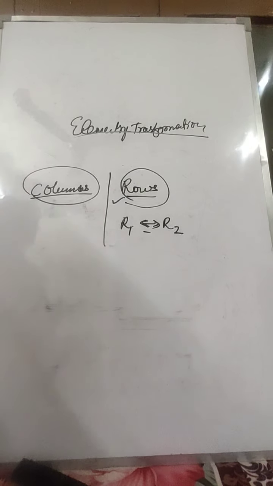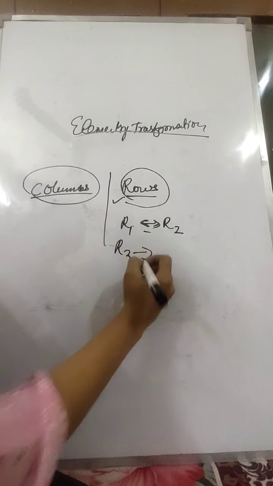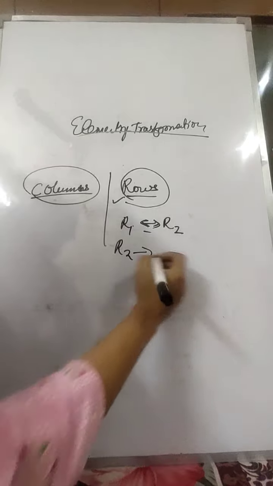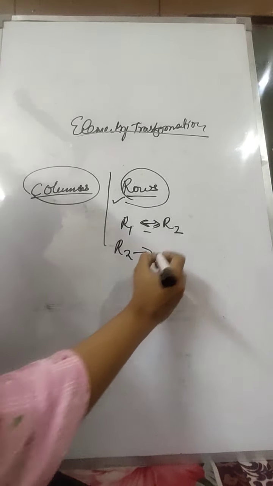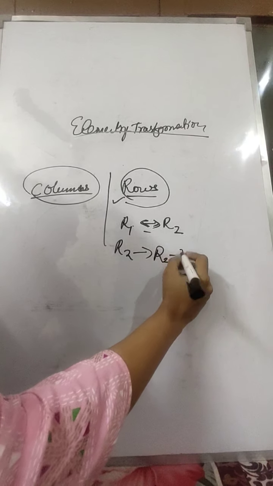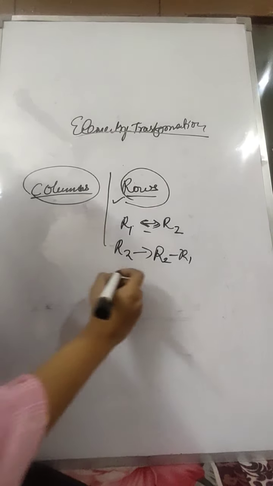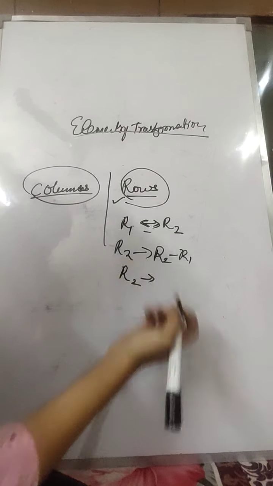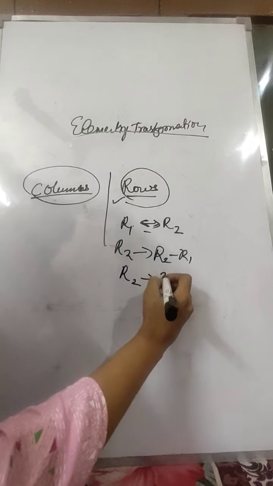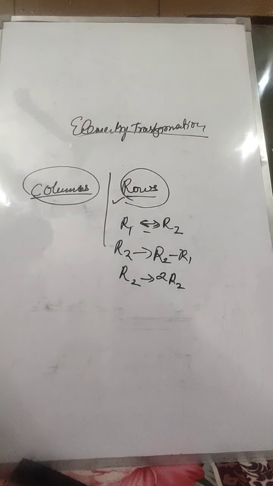Second rule: you can change row 2, for example, by subtracting row 2 from row 1. Third rule: you can multiply any row with any number, that is 2R2, like this. Okay, so these are the basic three rules that we are going to follow.